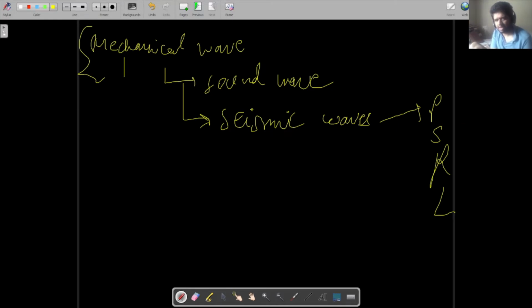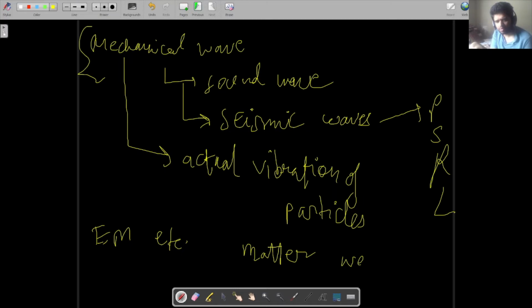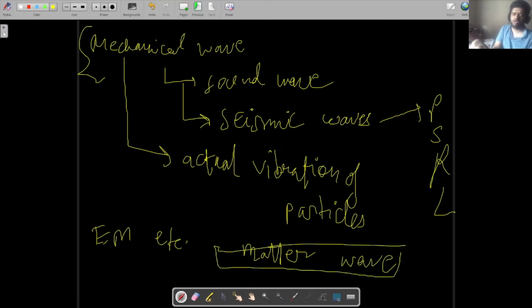Actual vibration of particles is taking place in it. Then we have electromagnetic waves and so on. Now our focus in this chapter, quantum mechanics, will be on matter waves.